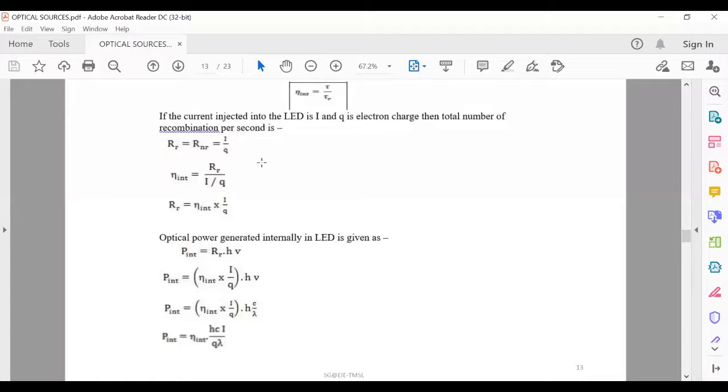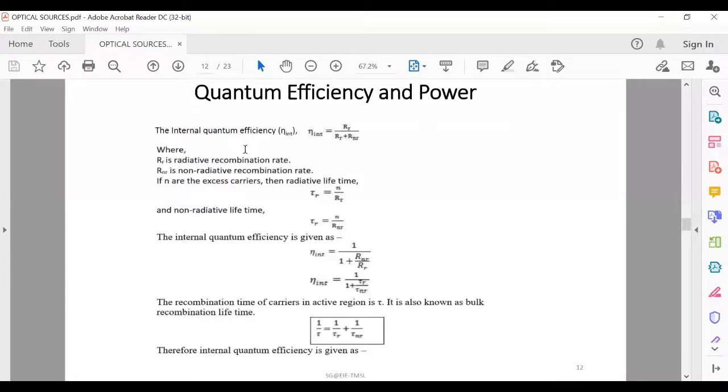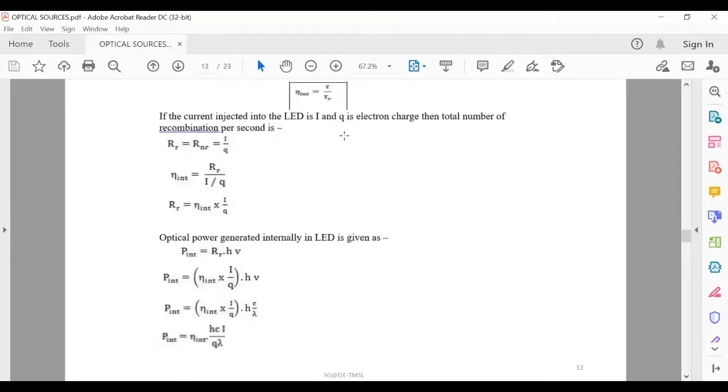If the current injected into this LED is I and q is the electron charge, the total number of recombinations per second can be given as I by q. From this equation we can write it like this.